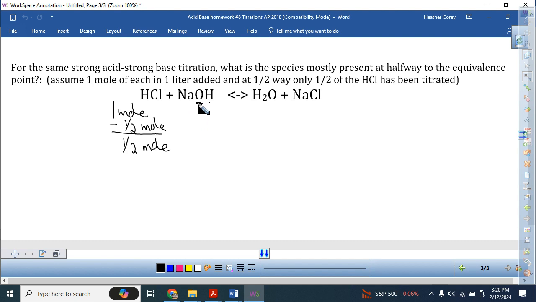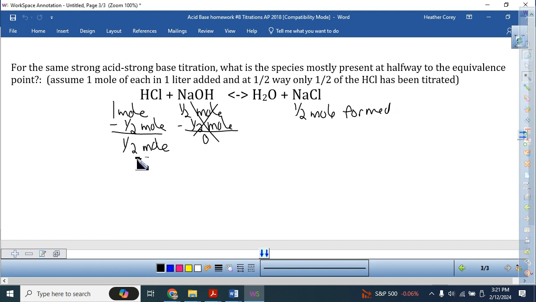If a half mole of NaOH was provided and that half mole completely reacted with the HCl, then we don't have any of this left. Halfway to the equivalence point, a half mole of this is remaining, which means a half mole reacted. Because a half mole is the limiting, we had a half mole formed of the salt, which has no effect on the pH.